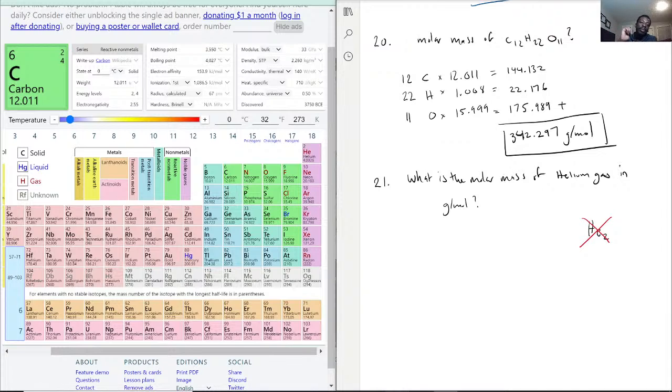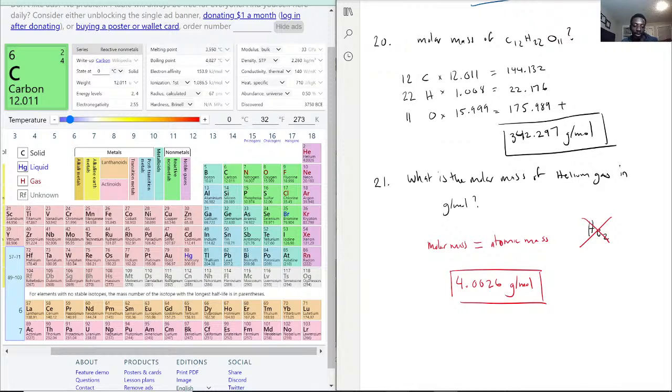Just as we discussed in the other question, because we're dealing with a monoatomic particle, an element by itself, the molar mass just equals the atomic mass. So the molar mass of helium gas would just be 4.0026 grams per mole. That is actually all you need to do for this question.